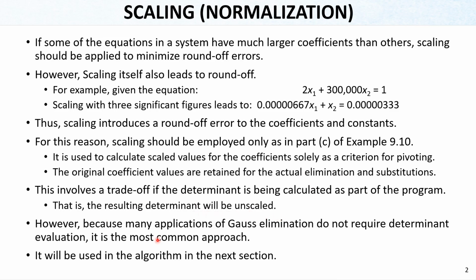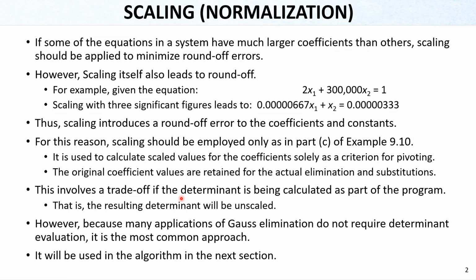But in many applications of Gauss elimination, we don't need to calculate the determinant. That's why we can still use this. After elimination and substitution, we can plug the calculated results into the equations and check them.